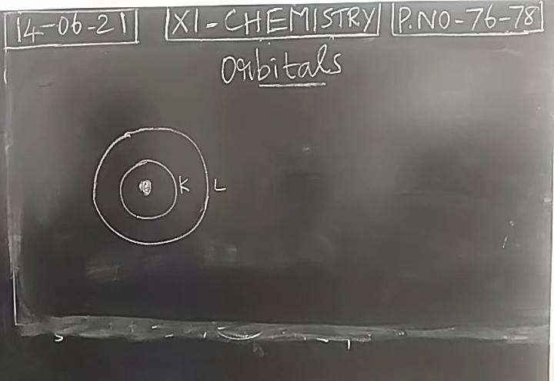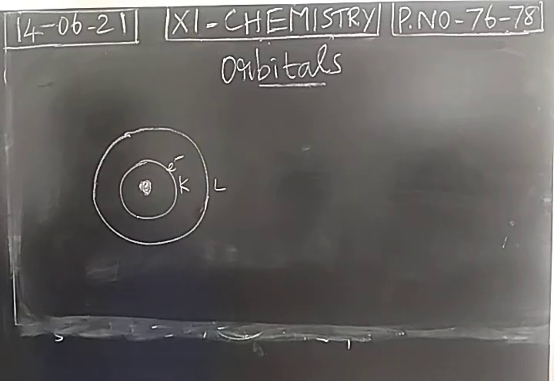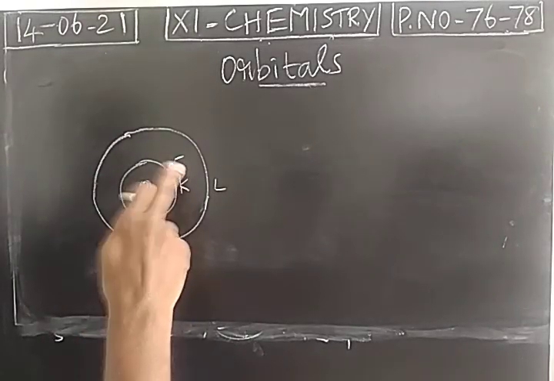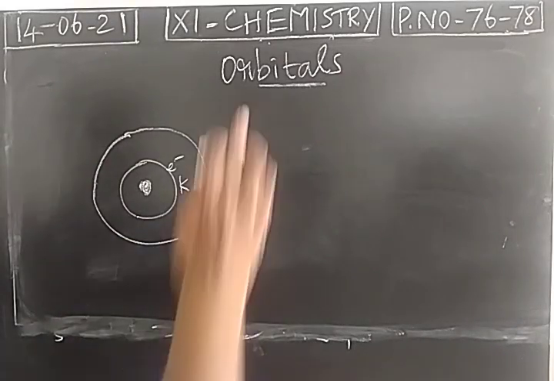An orbital is nothing but a three-dimensional region where an electron spends most of its time. When you take an electron in the first shell or K shell, the electron is spending most of its time in a particular place. That is called an orbital.